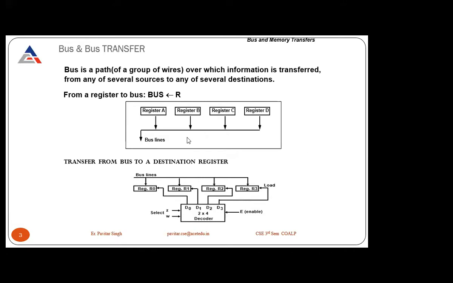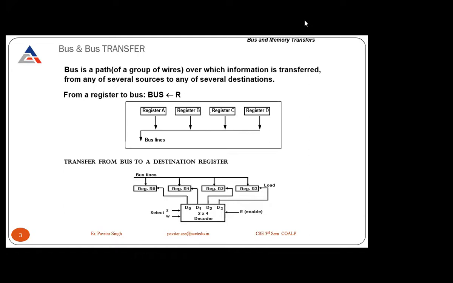So the first diagram shows the data being written from the register to the bus, and the next diagram shows how the data from the bus is read into the destination register. In the second diagram, we have a decoder, that is a 2 into 4 decoder.